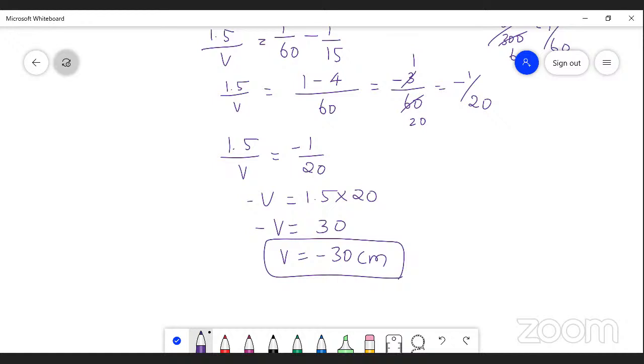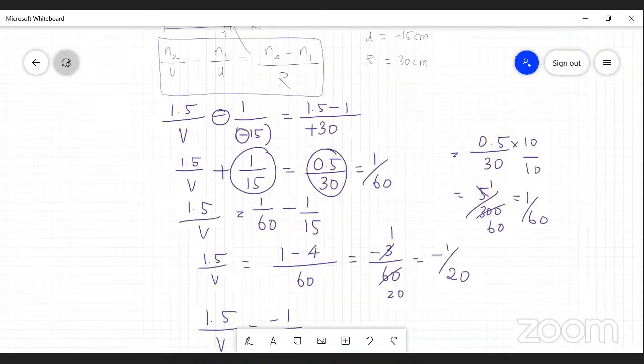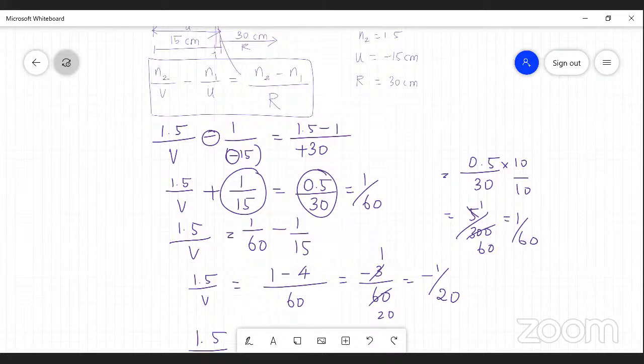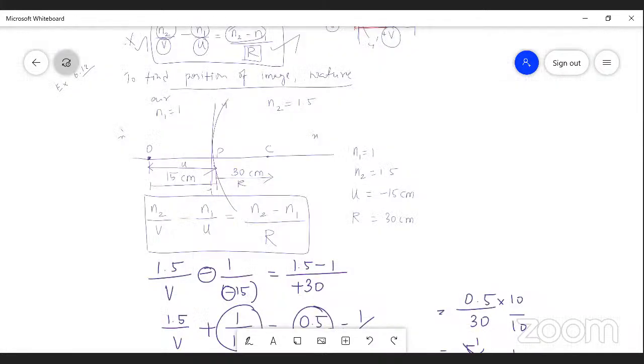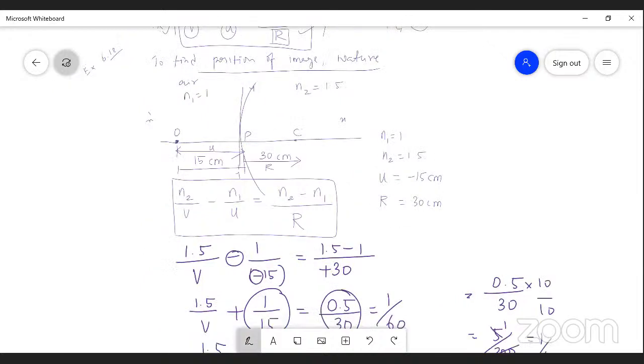V equal to minus 30 centimeter, what does it mean? V value is negative. V value negative means the image is formed on the same side. See this, V value is negative 30. Light incident and refracted, going to the denser medium.